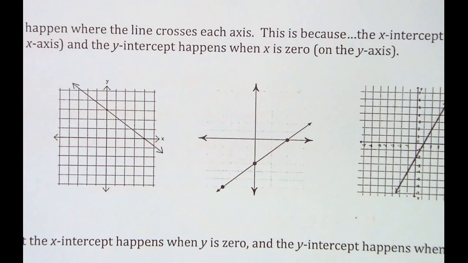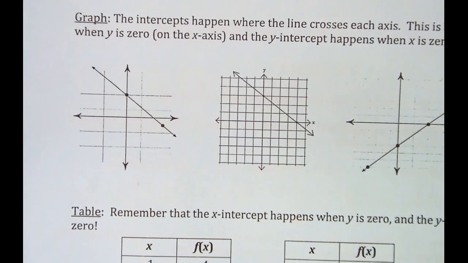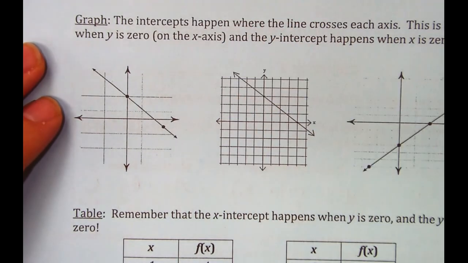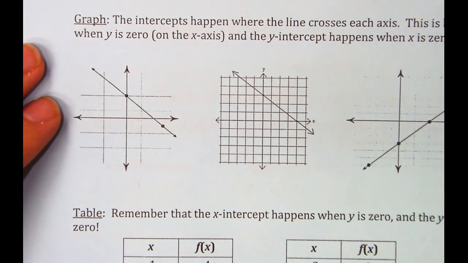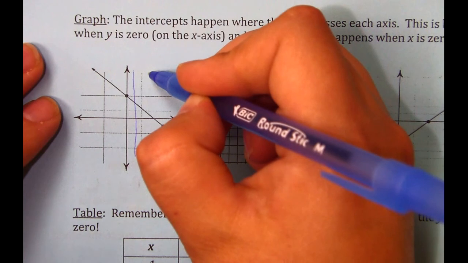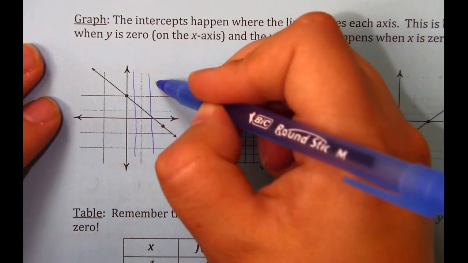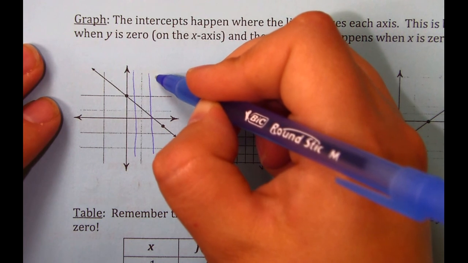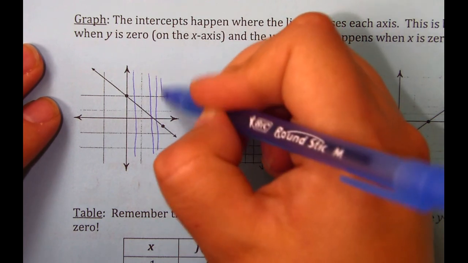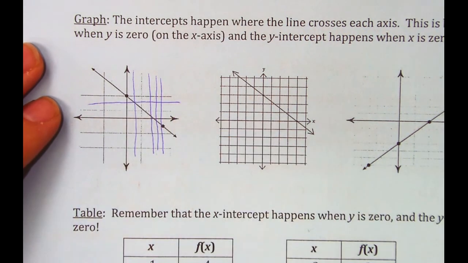Now if we consider a graph, graphs are much easier to tell. We can look to see where each of these are hitting the x-axis. Now this actually looks like this. That looks like that.